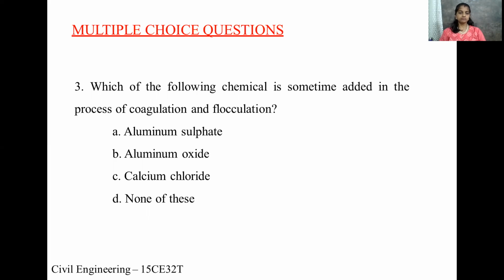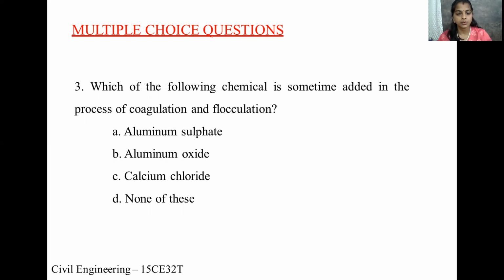Next, which of the following chemicals is sometimes added in the process of coagulation and flocculation? It is calcium chloride.